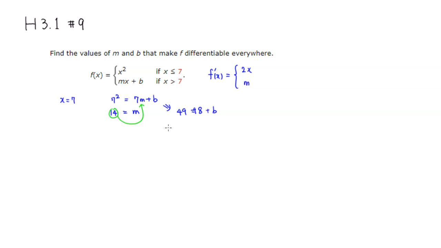To find b, we subtract 98, so negative 49 is equal to b. So b is equal to negative 49.